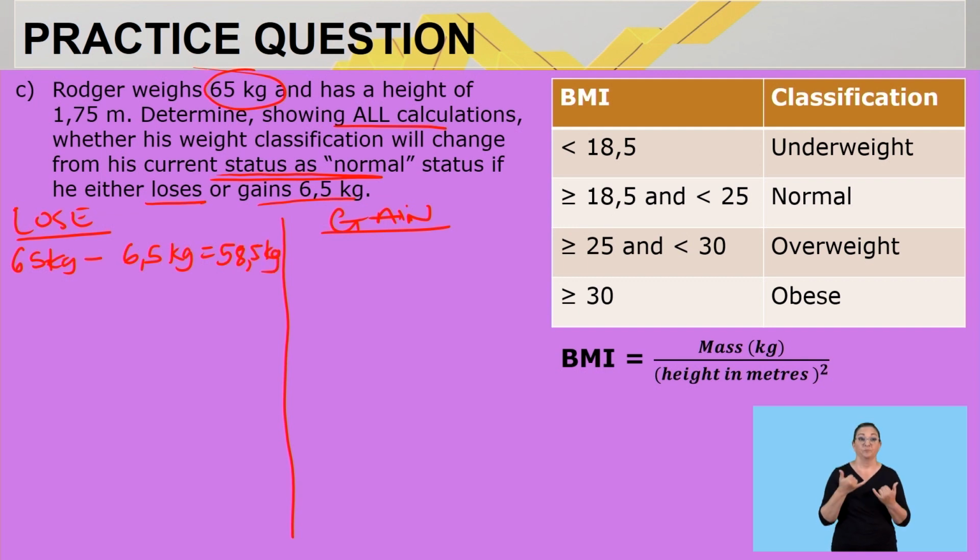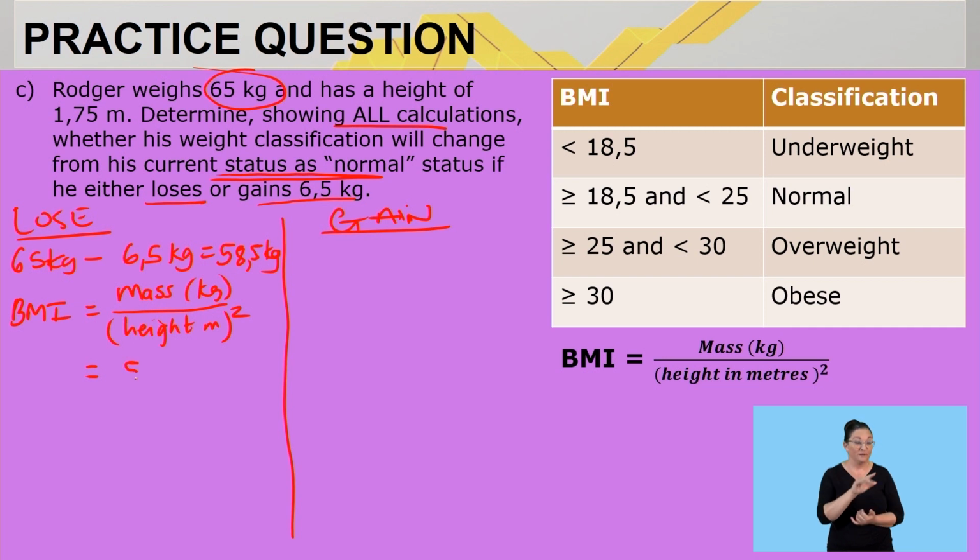Are we fine? Right, so now I will start by indicating BMI equals, and again we know it's our mass in kilograms divided by our height, and that must be in meters, and I must square that value. So let's substitute. Mass is 58.5 kilograms, divided by his height of 1.75 meters, and I square that value.